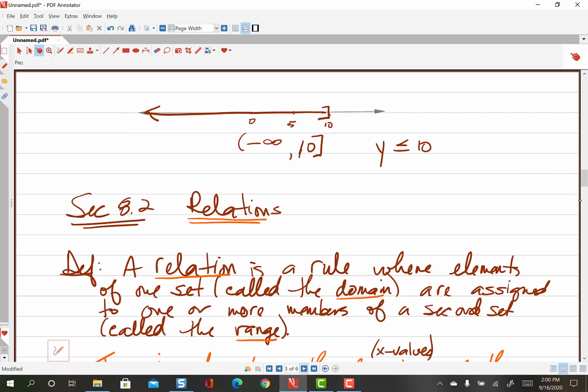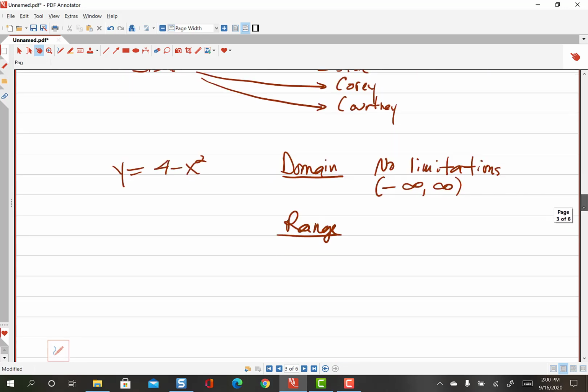So when I go to write my range of this, I could say it's going to be from negative infinity up to and including 4. I know that's kind of slick there, and that's kind of new, but from negative infinity up to and including 4.